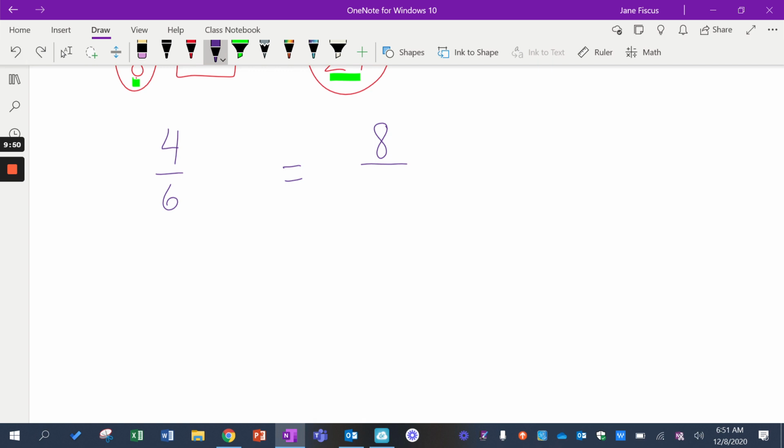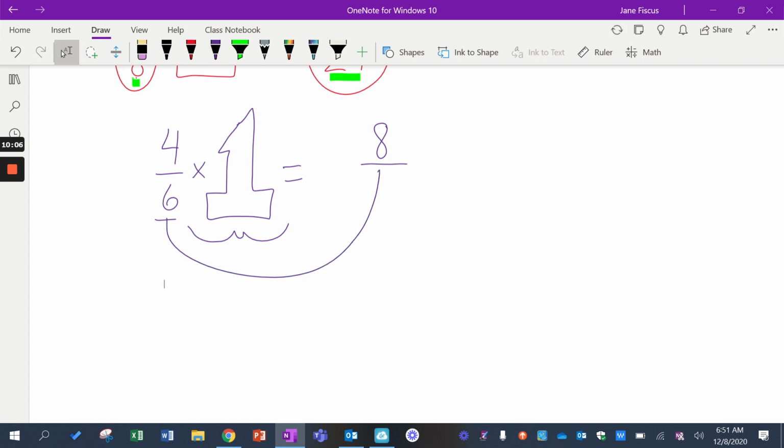Well, remember, we're going to multiply times 1 whole, and if we do that, we know that multiplying times 1 whole is the identity property of multiplication, and 4/6 will not change. Okay, so let's think about what times 4/6 would equal 8 over something.